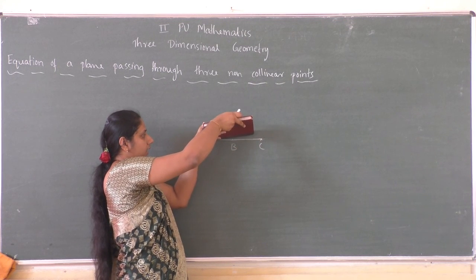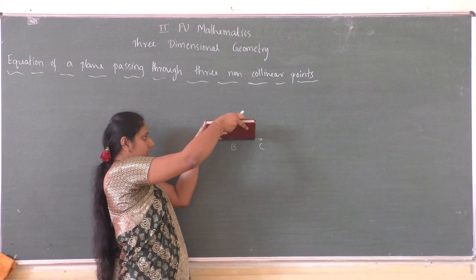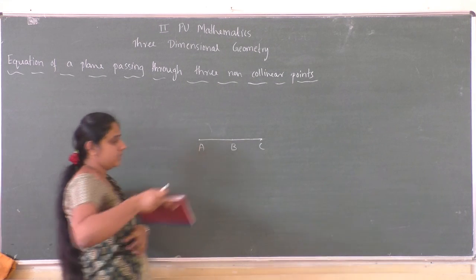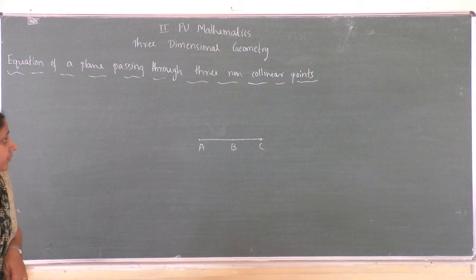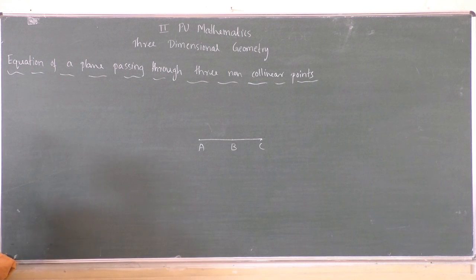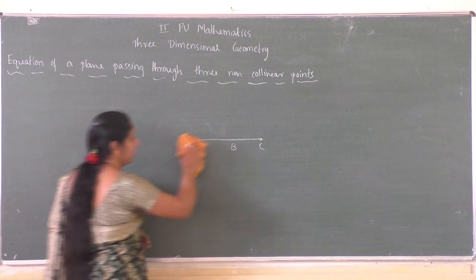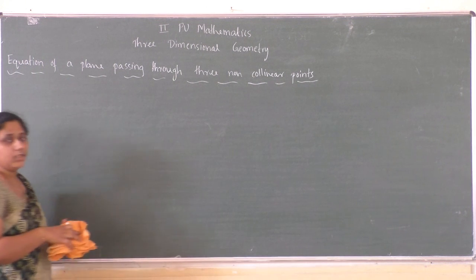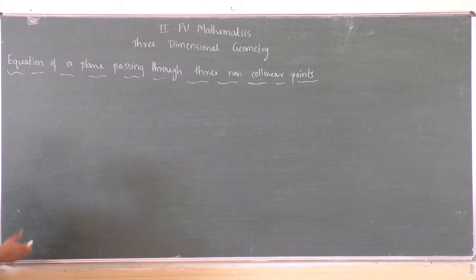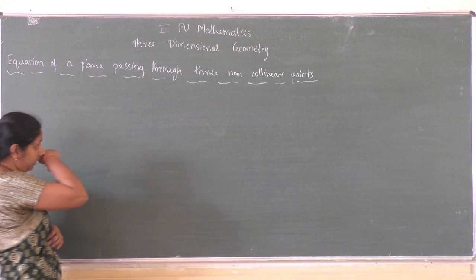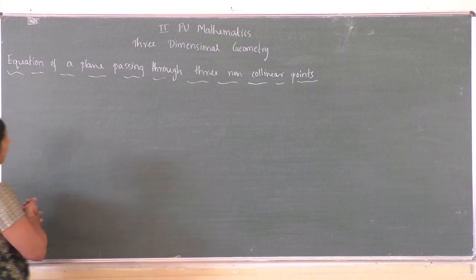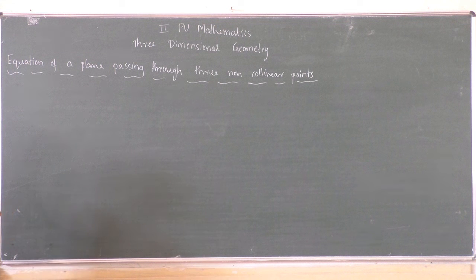Similarly, if I take a plane like this, it will also be passing through the same points. So here we have to consider 3 non-collinear points. If we consider collinear points, then there exist infinitely many planes passing through them. So here we have to find the equation of a plane passing through 3 non-collinear points.